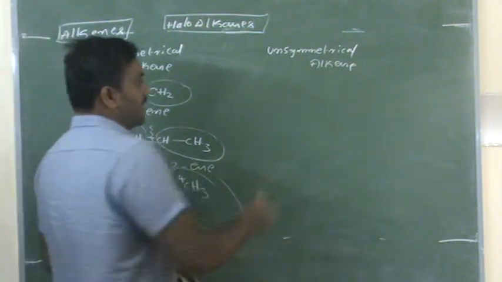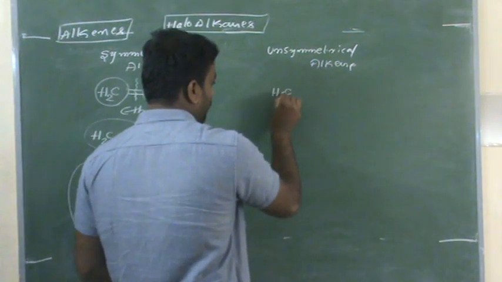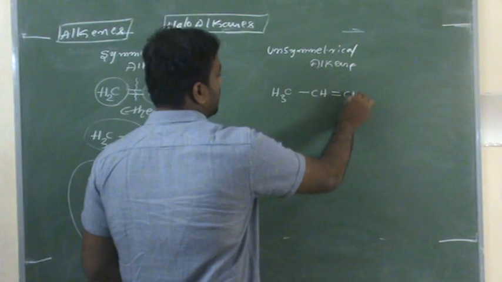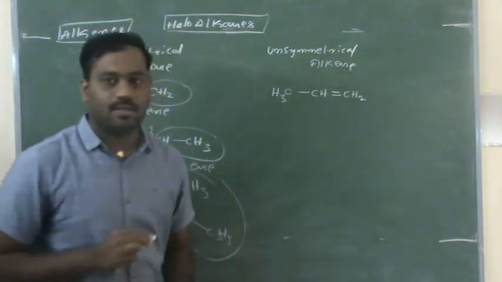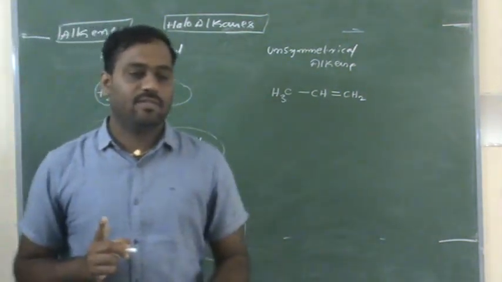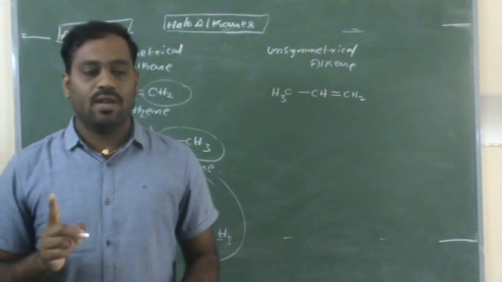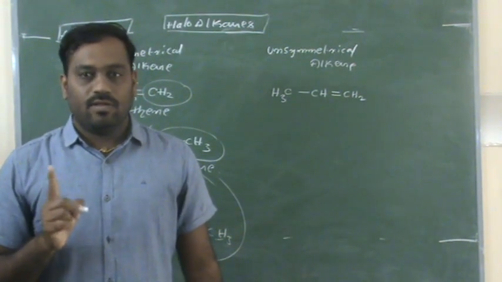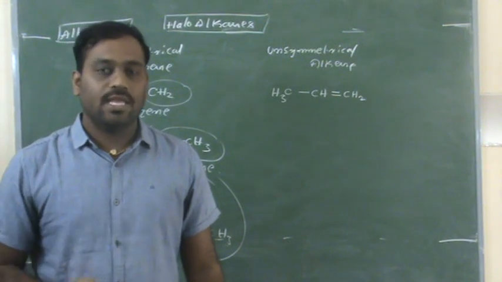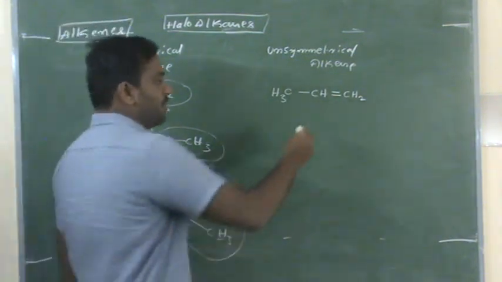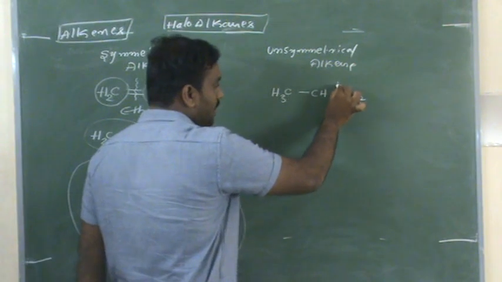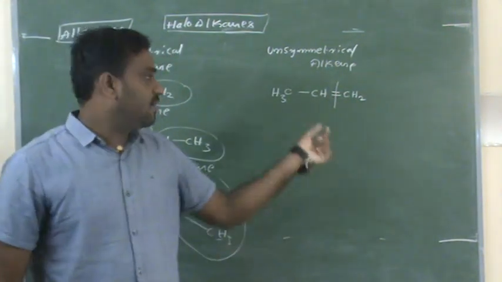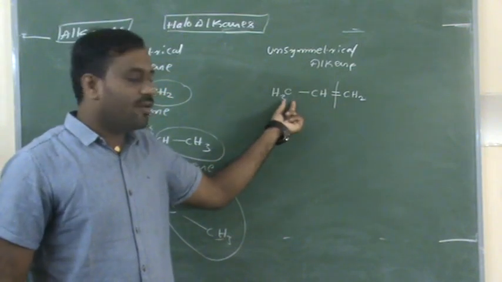The unsymmetrical alkene is, for example, CH3CH=CH2, which is called prop-1-ene. Here, if you cut the bond exactly here, then it is not divided into equal halves.